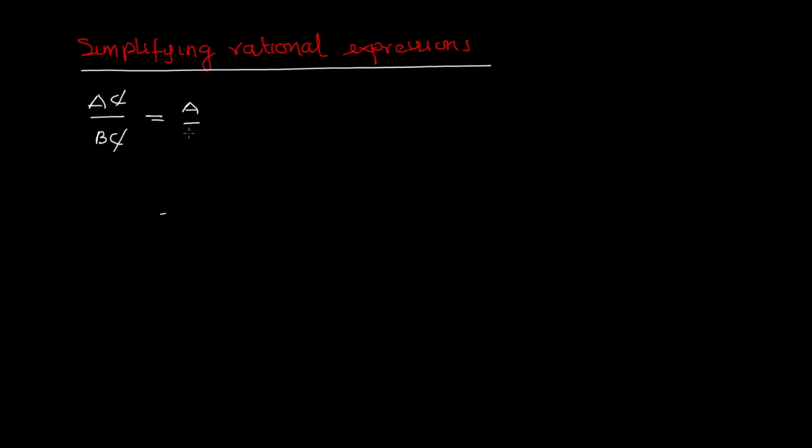So our end expression would be like that. For example, if I had ACD over DCB, then I can simplify this, simplify that, and I get A over B.